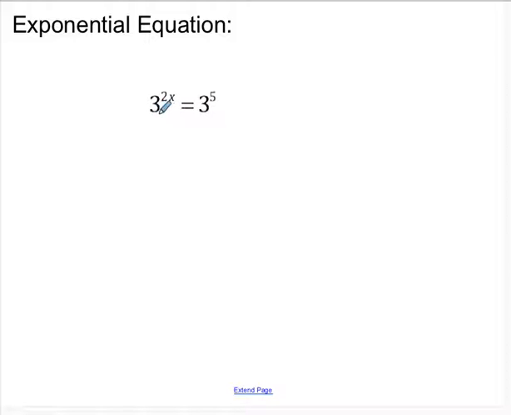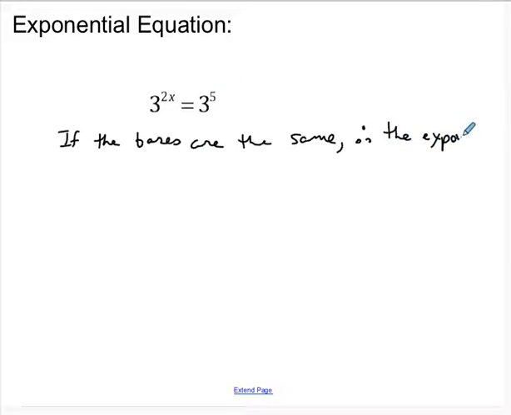In other words, if the bases are the same, therefore the exponents must be equivalent.